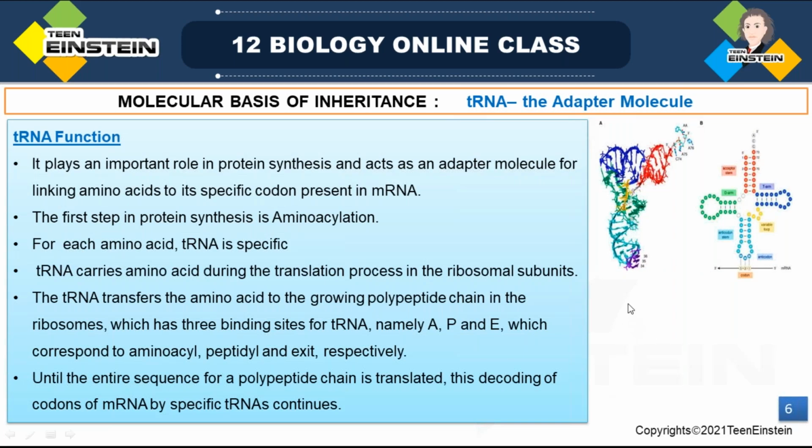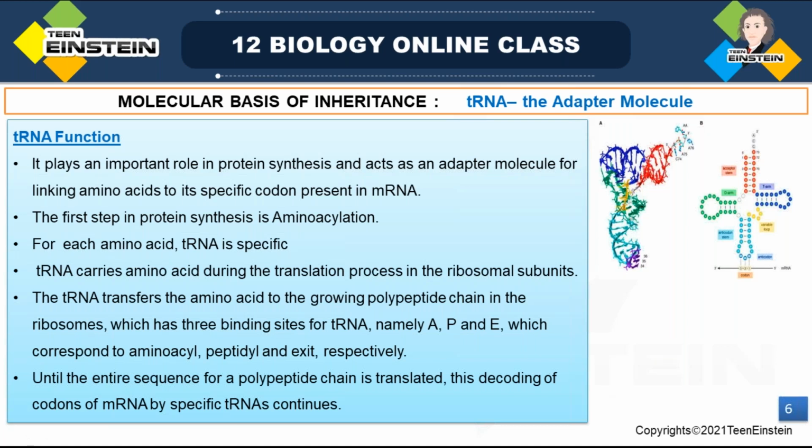The first step of protein synthesis is amino acylation. Note down, the first step of protein synthesis is amino acylation. I have already told you, for each amino acid there is a specific tRNA, right?